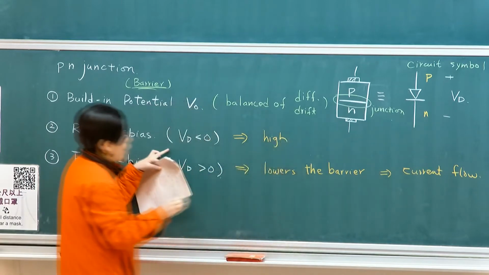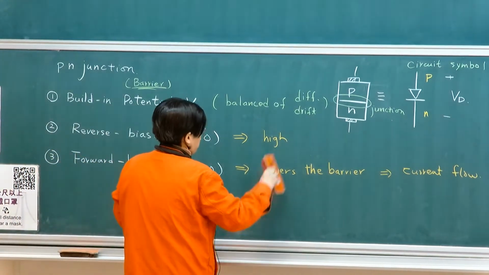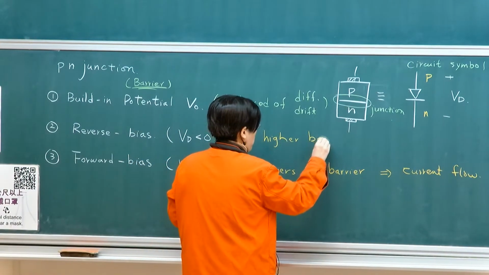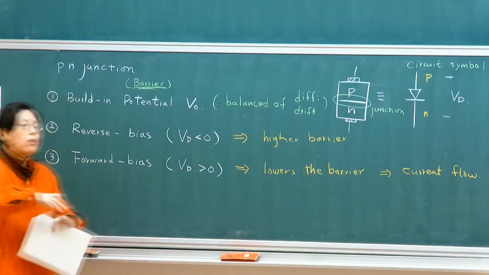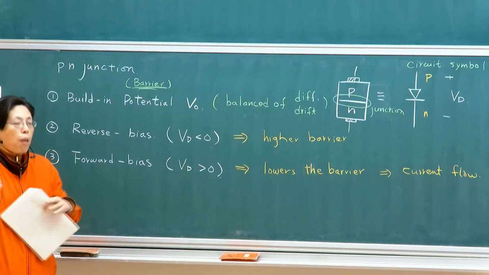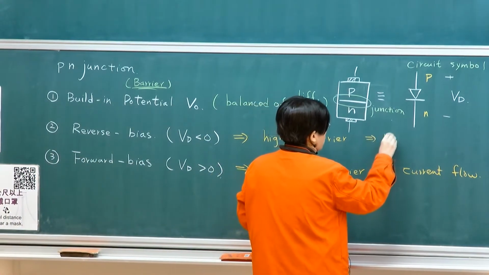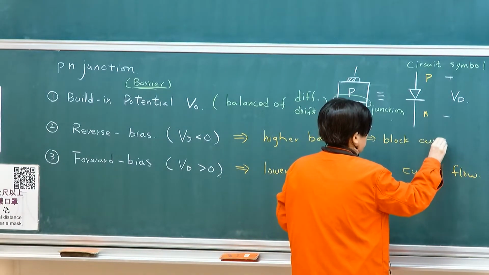If you apply a reverse bias, meaning that you increase, I should say higher, you build a higher wall, so to speak. You increase the wall, which means it will block the current flow. So you block the flow of immigrants. It's the same thing: you block the current flow.